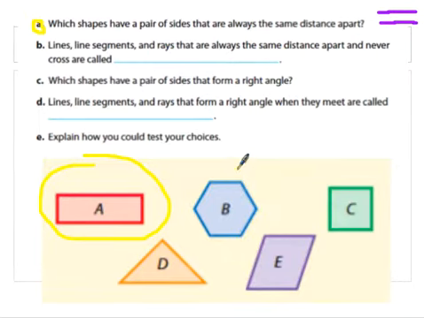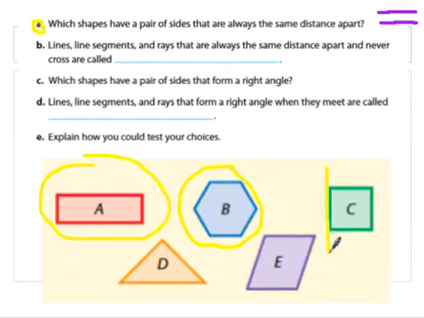But what about this side and this side? Yep, those two are. And if we did the same thing with the other two sides that face each other, we would see that those are parallel as well. So this guy is also answering question A, which shapes have a pair of sides that are always the same distance apart? B does.